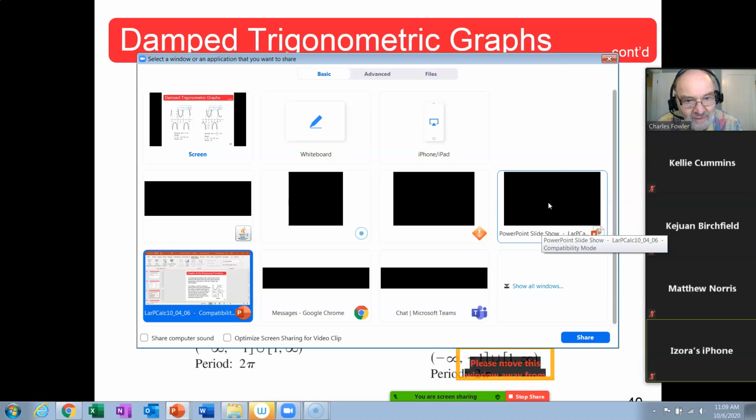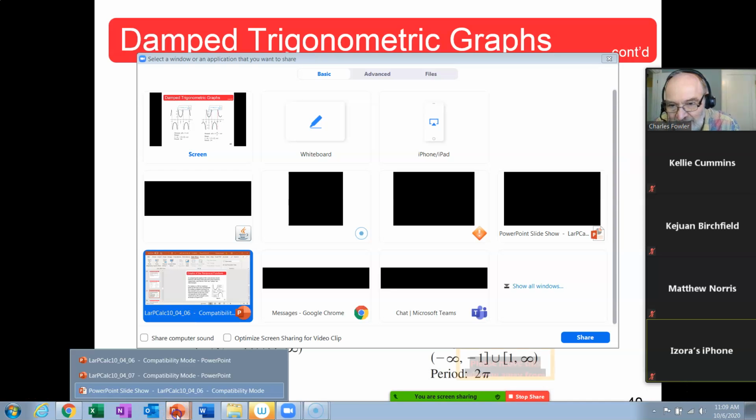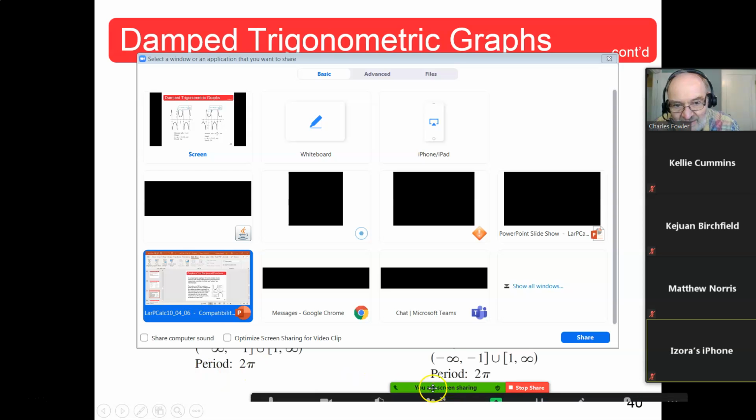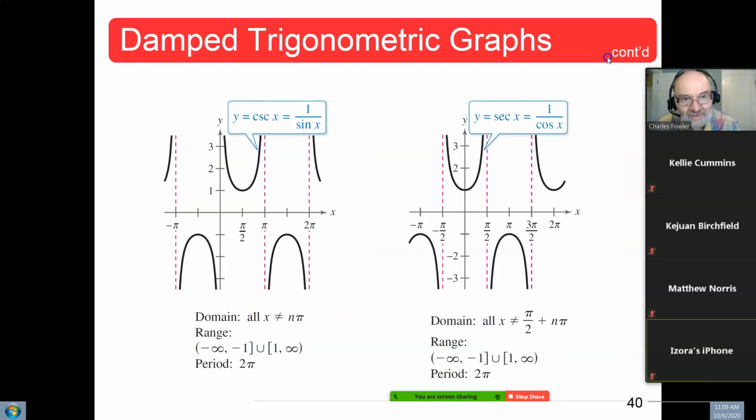No, that's 4.6. I had 4.7 up here. It's disappeared. So, goodness, this drives me nuts. Let me get it back again. 4.7. Okay. Let's see if I can get it now. Okay. I think I have to get out of here.